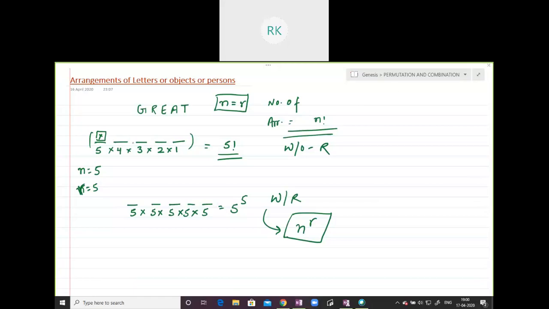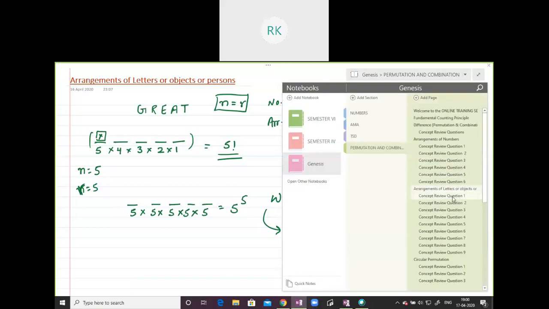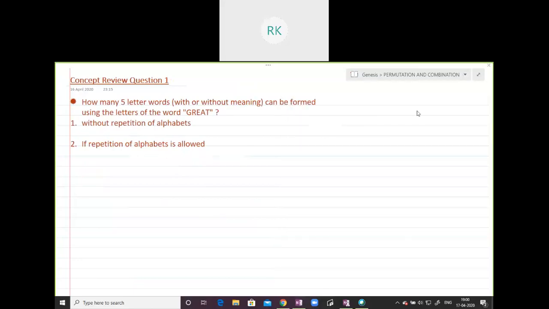We'll try this based on this. So number one, dive into the question directly. Yeah, here we go. Simple. Get me the answer for this. What is the answer for the first one? Quickly tell me the answer. First one. Wow, very nice. 5 factorial, nothing else. 120, right? 5 factorial.